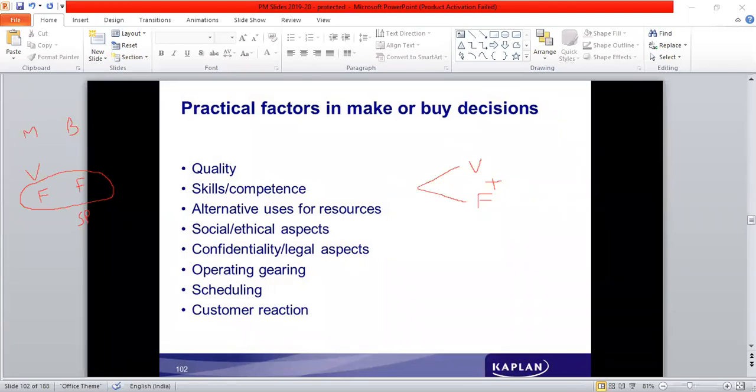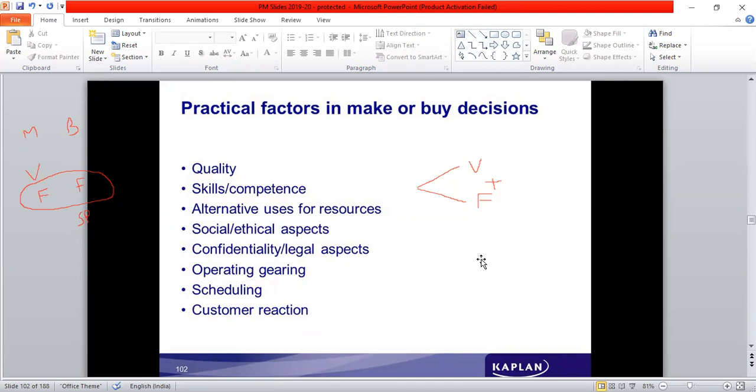So how quickly can the supplier supply the components, or how much time does it take for them to finish their work if they manufacture within the organization. So that is again one aspect which has to be considered. If the supplier requires a lot more time, then it is not suitable for them to go for purchasing it from the supplier.